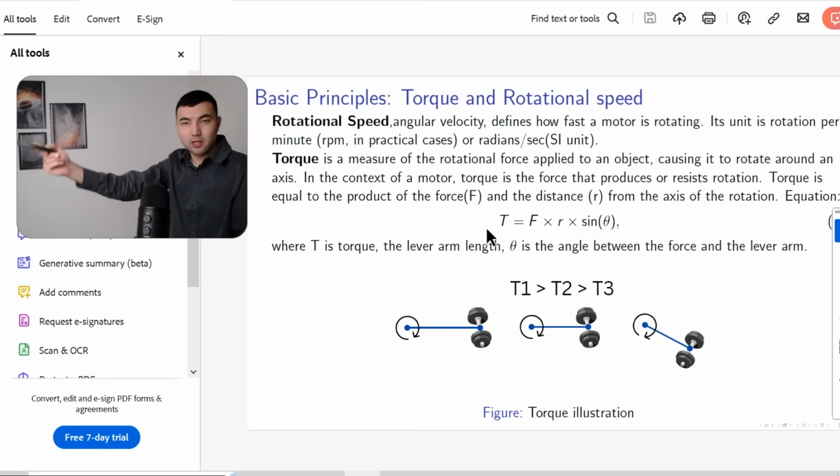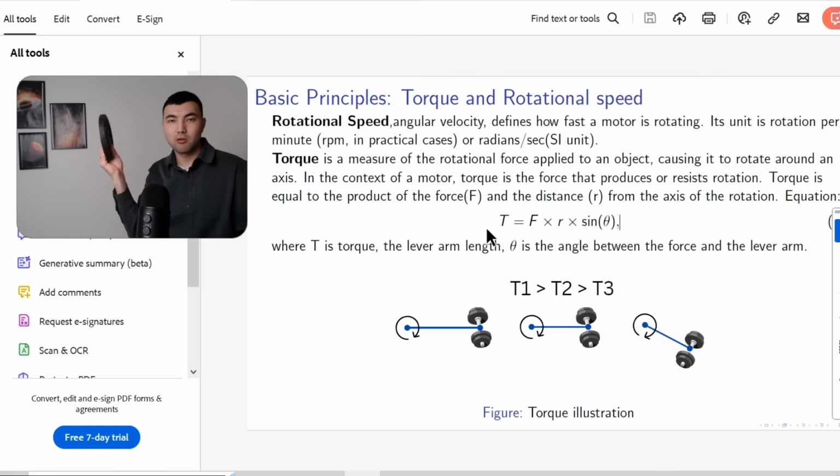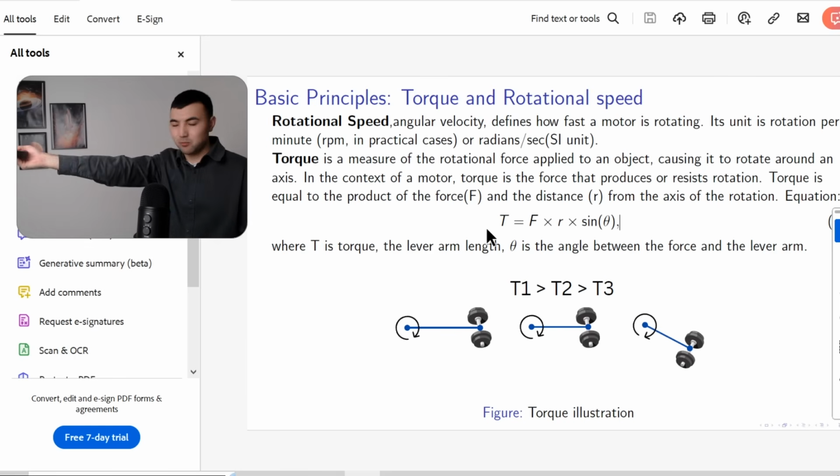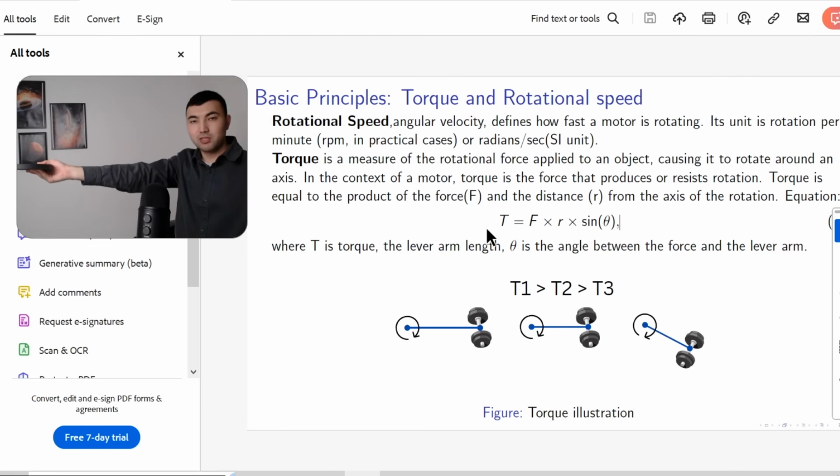Now I can take another mass. In that case, I have a 2 kilo mass. And if I do it like that, it's more difficult to hold, because this object has 2 times higher mass than the object that I used before. So for me, it's harder to keep it upright.